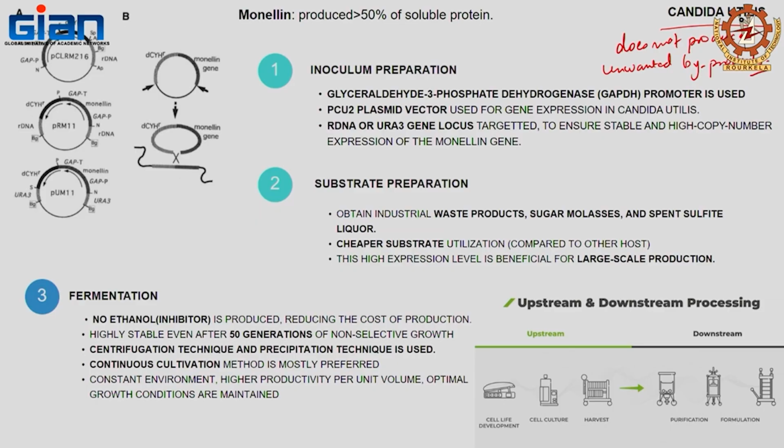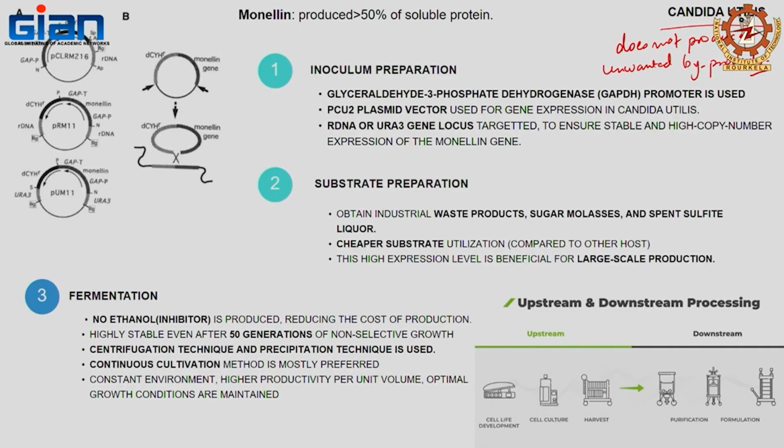The other thing is the usage of plasmids and integrative vectors, which is usually seen in this. This enables high copy number expression, which accumulates a larger number of genetic material inside Candida utilis, namely the monellin-producing genes, which produce a larger amount of monellin protein and obviously enhance production.